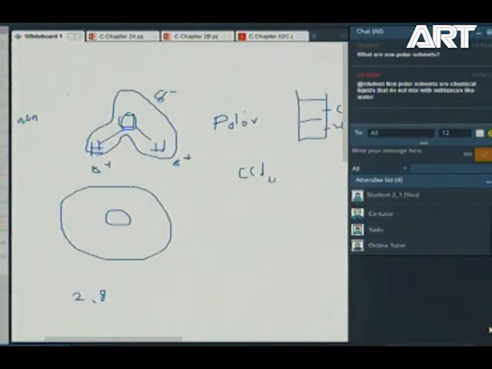So, this is actually 6. It should be 6, altogether you should have 8. So, you should have 1, 2, 3, 4, 5, 6. And to gain a stable electronic configuration, oxygen needs 2 more electrons.